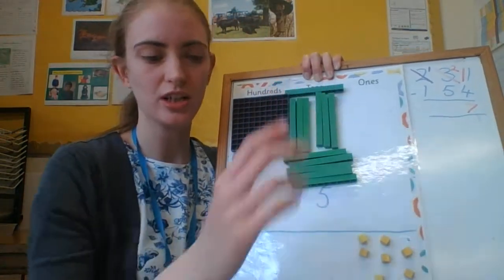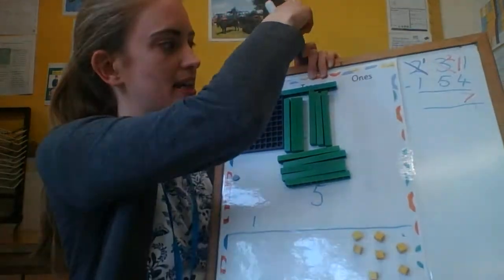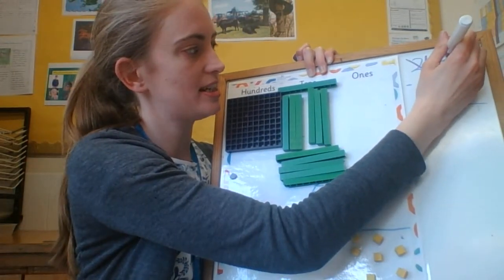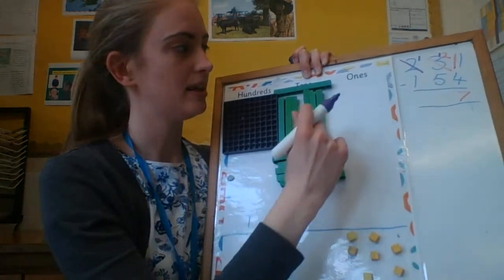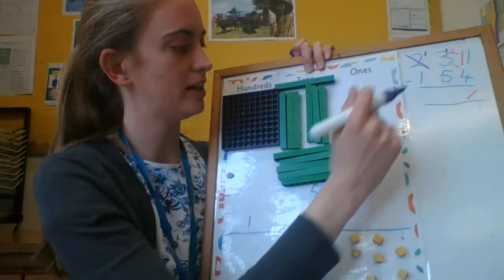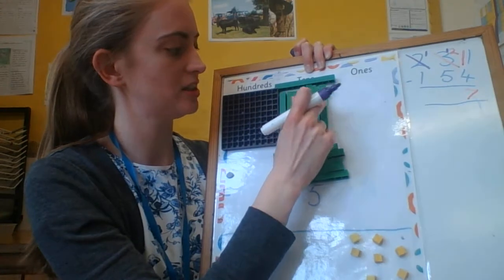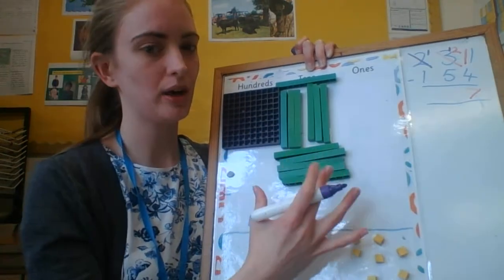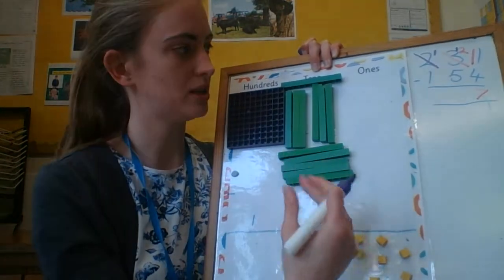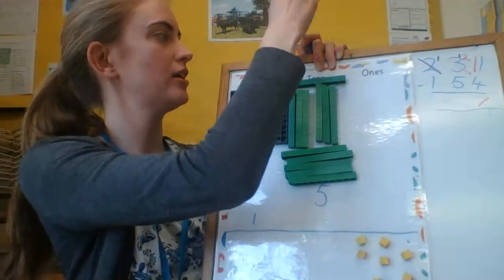I've swapped my 100 for 10 tens. So I'm going to add the extra 10 tens, because 10 add 2 more tens is 12 tens. So 1, 2, 3, 4, 5, 6, 7, 8, 9, 10, 11, 12. 12 tens, 120. And now I need to take away my 5 tens.